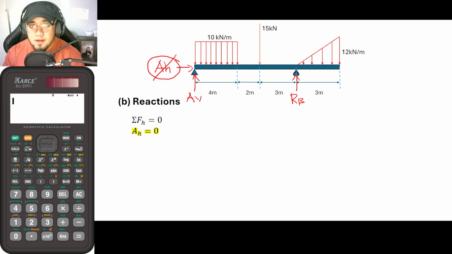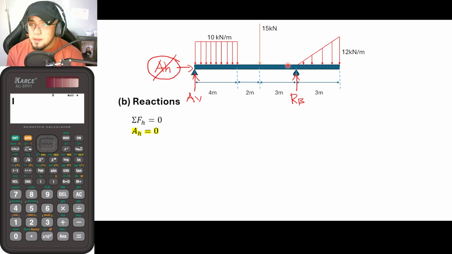So we do not have a value for AH. Okay, so what about the vertical reactions here? We have AV and RB. We could also make use of the summation of forces vertical. However, if you use the summation of forces vertical, we would have two unknowns, namely AV and RB. So if that is the case, you cannot actually solve for anything if that is your approach.